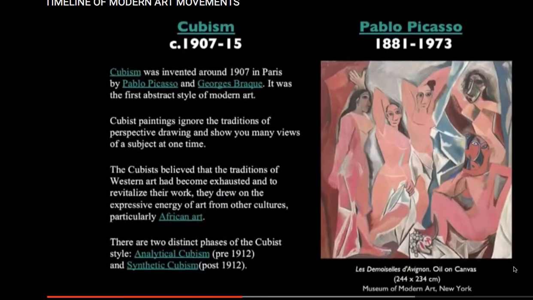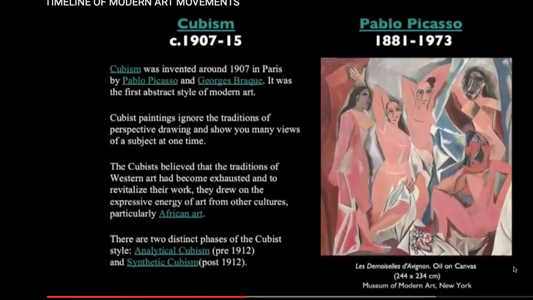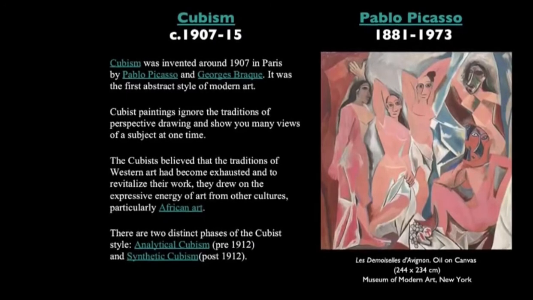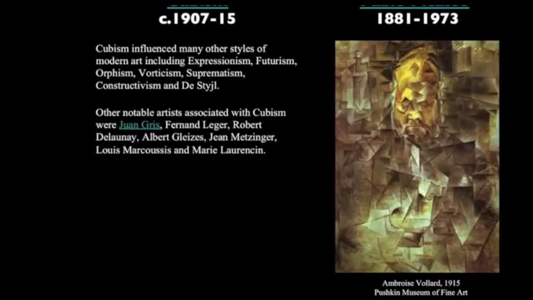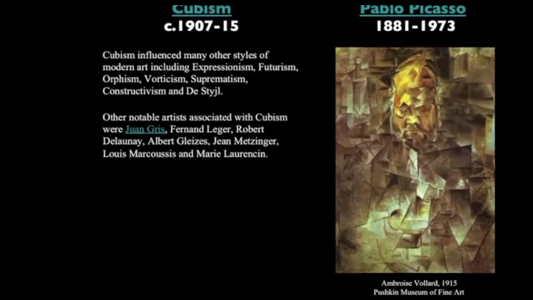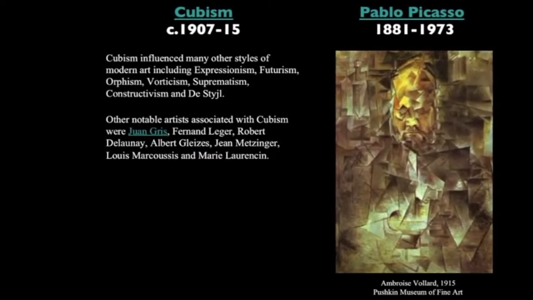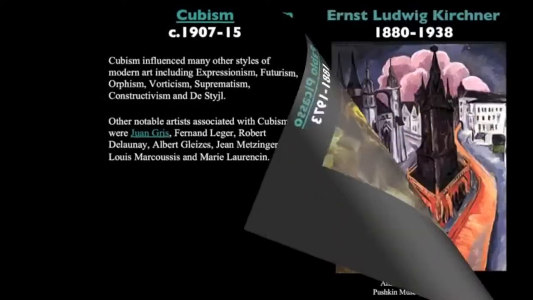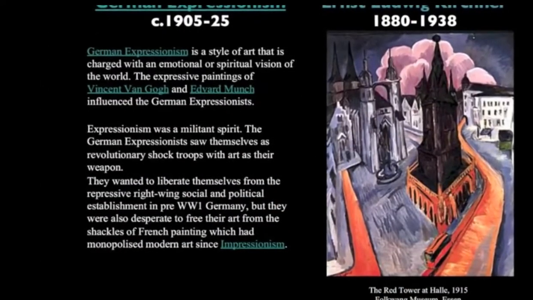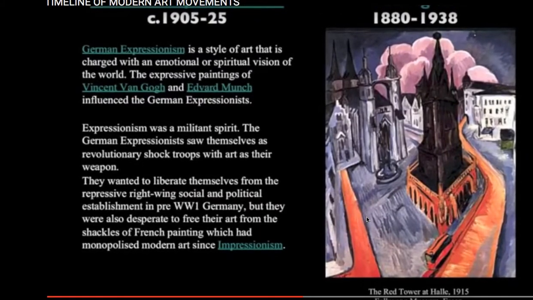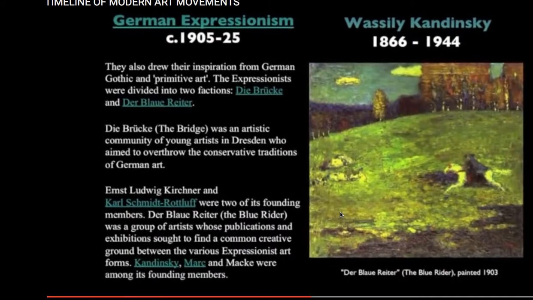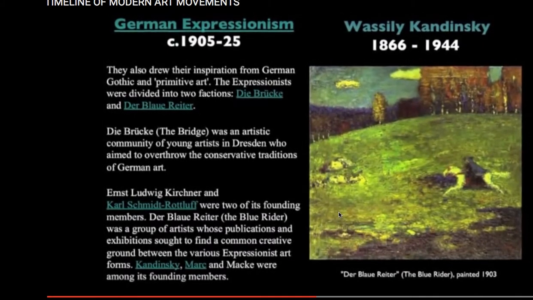This is the modern era, and really what defines the modern era is these various movements that took place. Artists got together, talked about what they thought was important in art, often wrote manifestos declaring what they thought was important for art in the modern era, and then would make art in that style. And so here's a timeline of some, not all, but some of the artistic movements of the modern era.